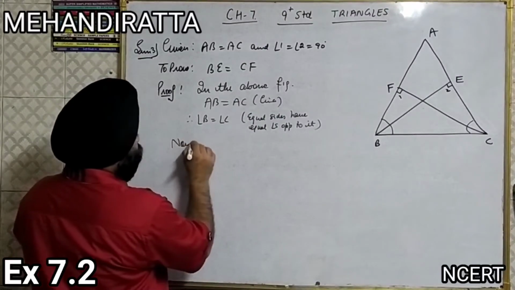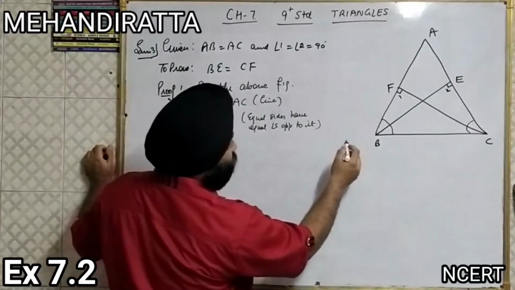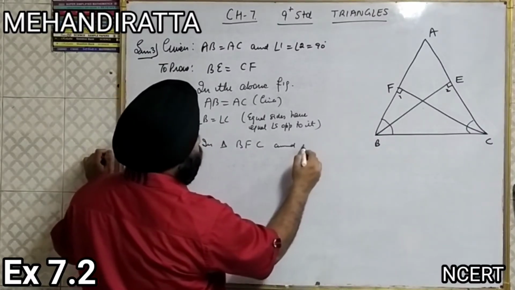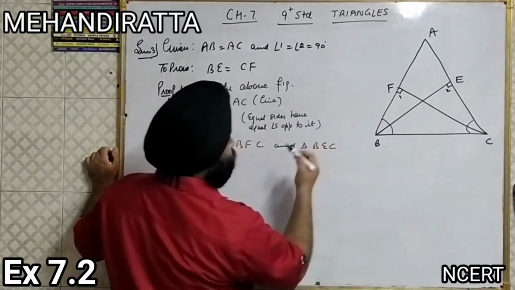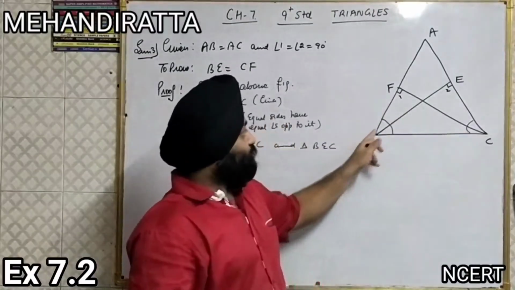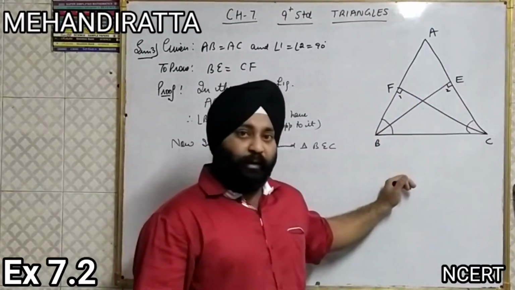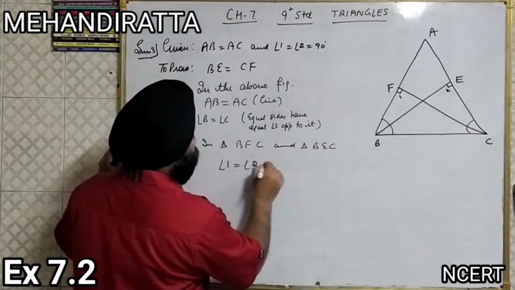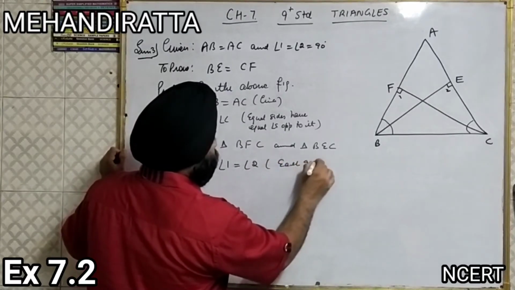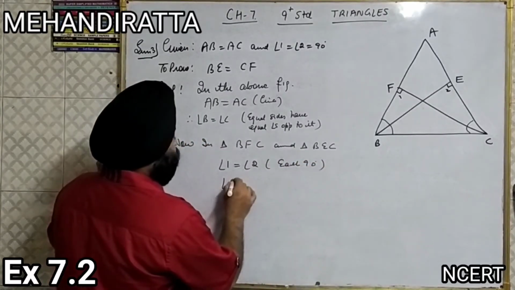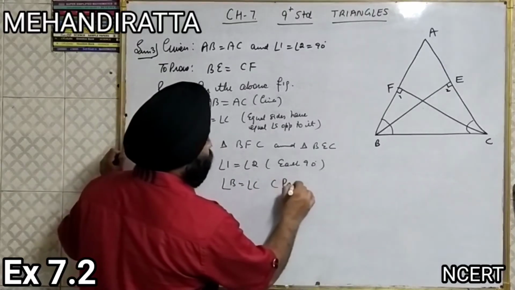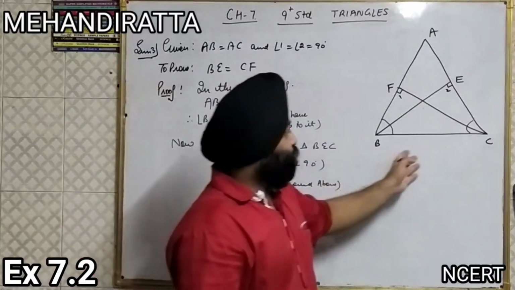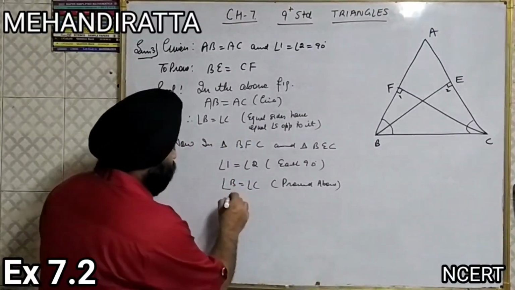Now in triangle BFC and triangle BEC, in these two triangles, firstly angle 1 equal to angle 2, each 90 degrees, given. Angle B equal to angle C proved above. Also students, BC equal to BC common.